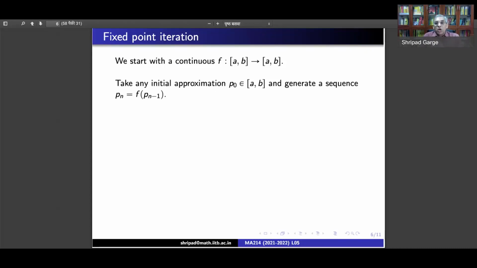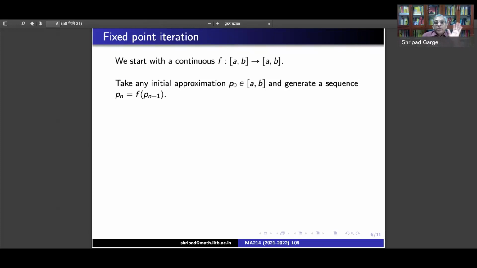So once you have p naught, you get p1 by applying f to p naught, and then you get p2 by applying f to p1. Then p3 will be f of p2. So your sequence will be p naught, f of p naught, f square of p naught, f cube of p naught, f power 4 of p naught, and so on. Those are the entries in the sequence. So that is our sequence.